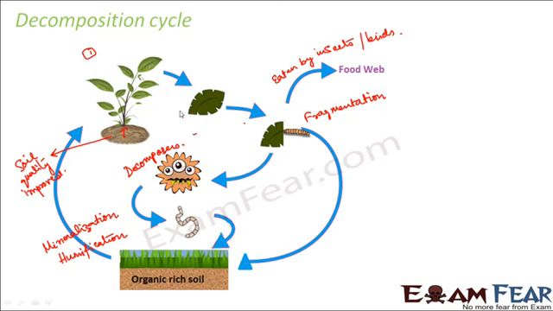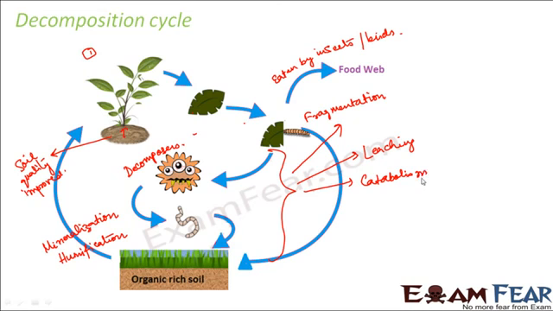So here what do we see? When the plants die or when the leaves fall off, they are either eaten by insects or birds, and that's how they enter into the food web, or they undergo fragmentation, leaching, and catabolism under the action of the decomposers and the detritivores. So in this part takes place fragmentation, followed by leaching, which in turn is followed by catabolism, and then this is finally followed by mineralization and humification.